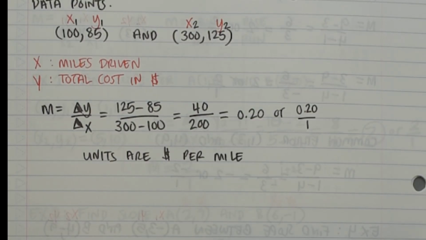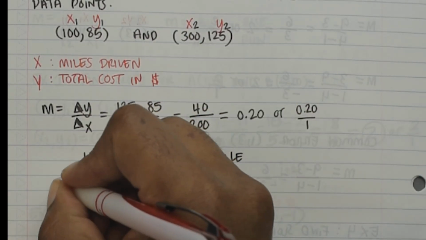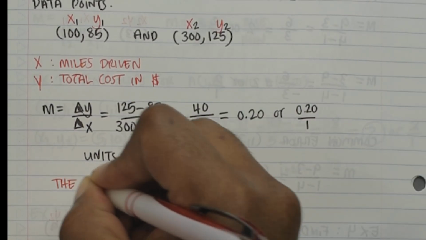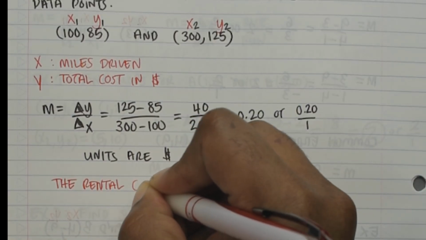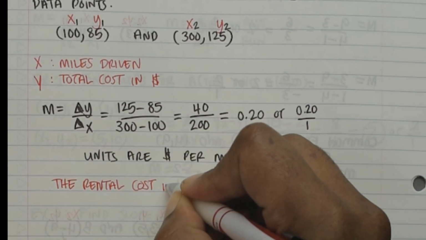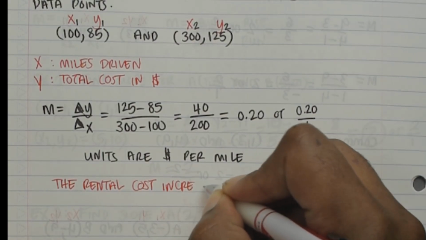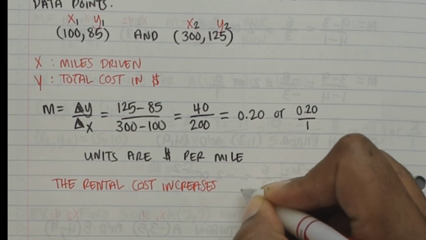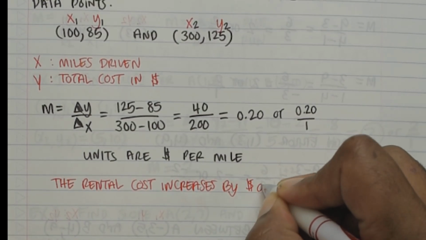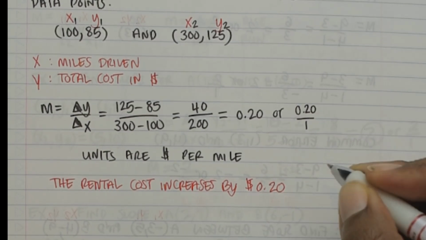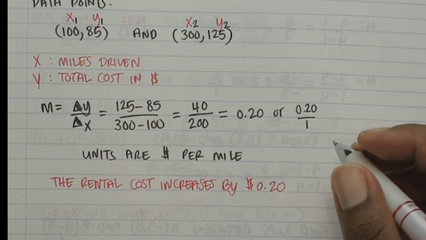If the units are dollars per mile, it means that the rental cost increases by 20 cents for every additional mile.